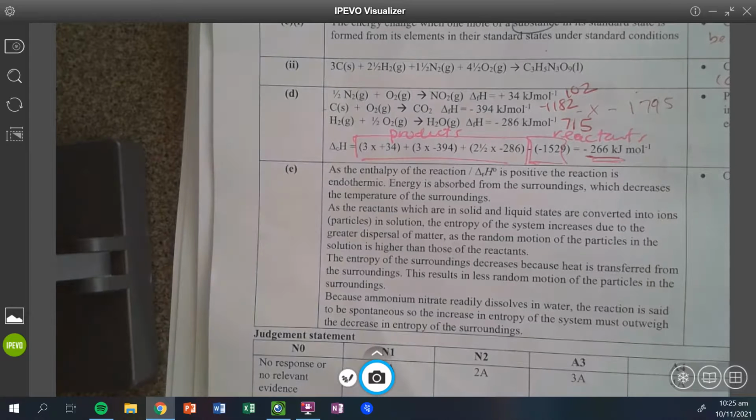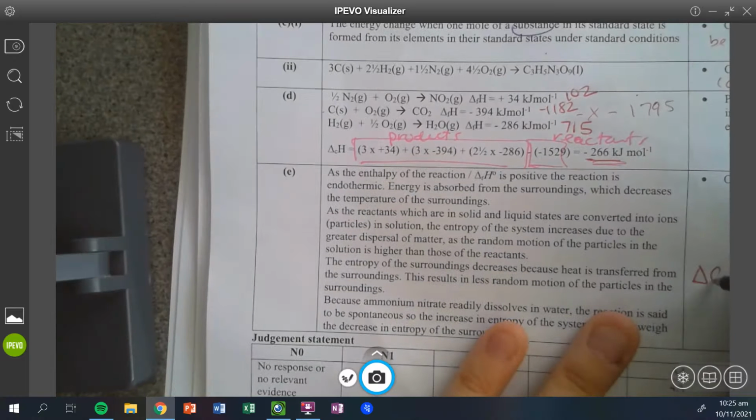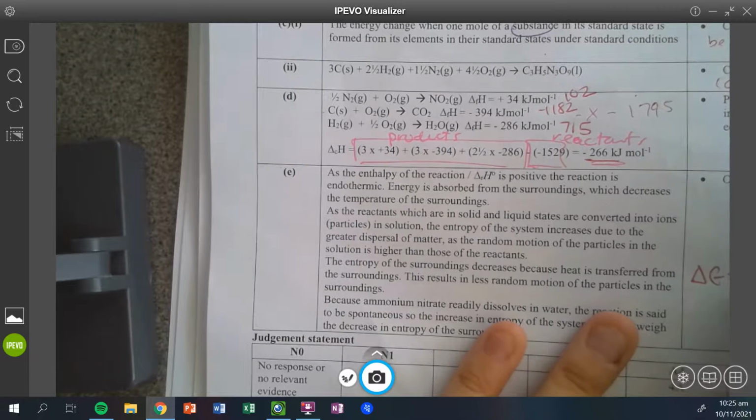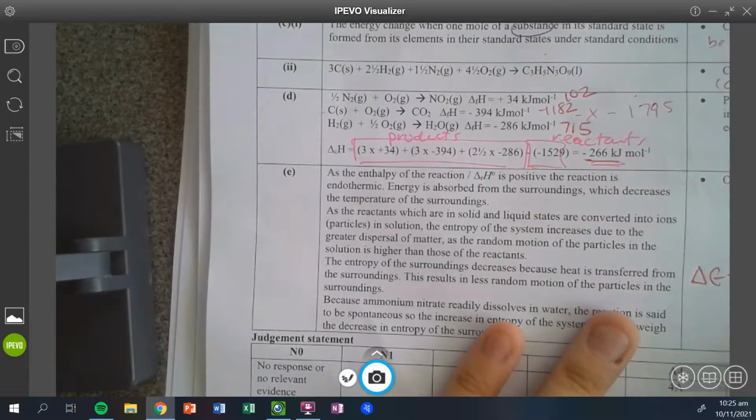So think about, like I said, Hess's law, and you're thinking about that delta G equals your delta H minus whatever the temperature is and the entropy of the surroundings. Does that make sense?